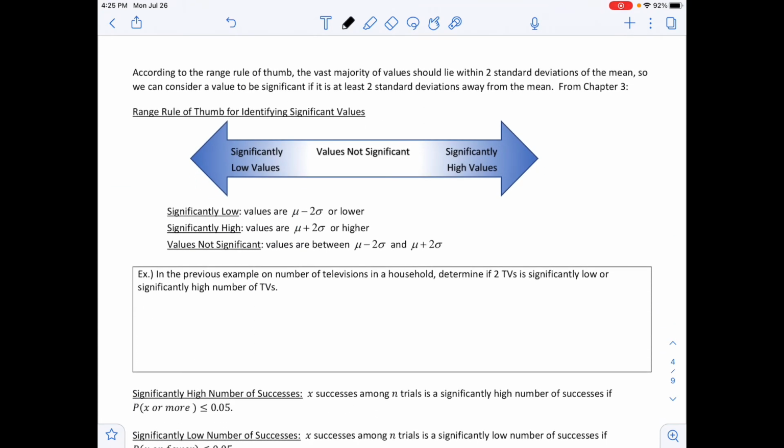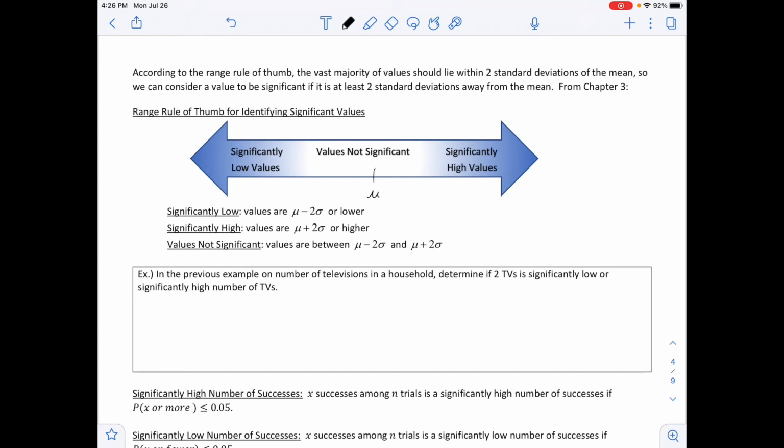Right below this, it says, according to the range rule of thumb, the vast majority of values would lie within 2 standard deviations of the mean. So we can consider a value to be significant if it's at least 2 standard deviations away from the mean. And this is again coming from chapter 3, so that's our range rule of thumb.